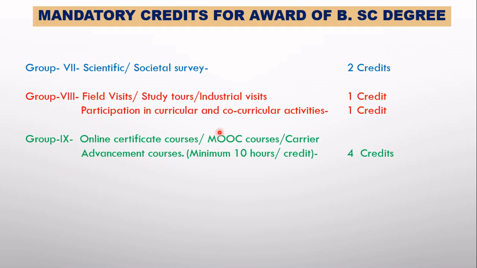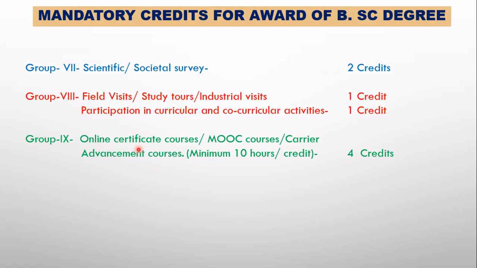A student can enroll for any course, and if he completes the course with minimum 10 hours per credit, then he will get 4 credits. So if he chooses a course of more than 4 weeks or 6 weeks or 8 weeks, he will definitely get 4 credits. So this is a very cheap way to get credits.